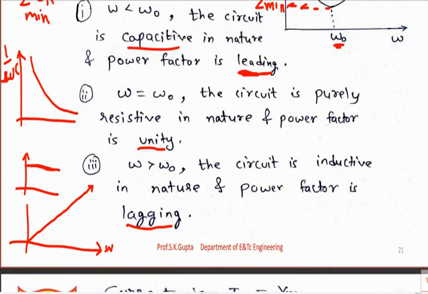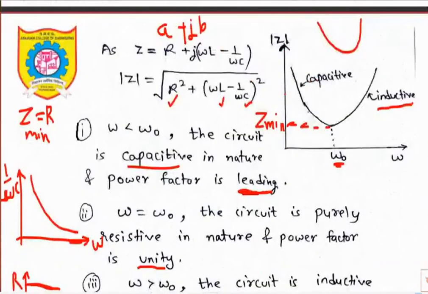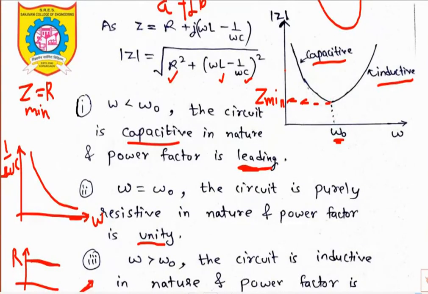And when omega value is large, that means the capacitor value is small, 1 upon omega C has a less effect, but this omega L has a large effect. That's why when omega is greater, we are having inductive nature, and when omega is small, we are having capacitive nature.